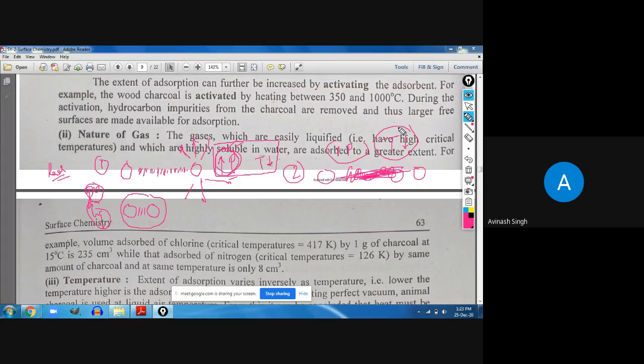When you are liquefying a gas, all you want is for the interaction between the molecules to be so great that they convert from gas to liquid. Now you have to tell me with reason, with logic, which one of gas 1 and gas 2 is easier to liquefy and why?